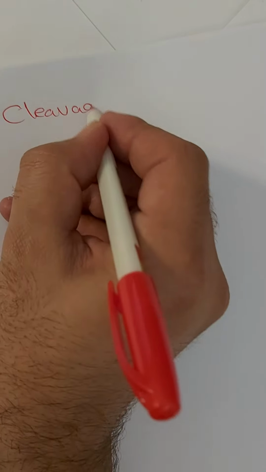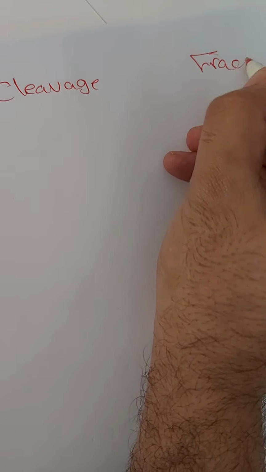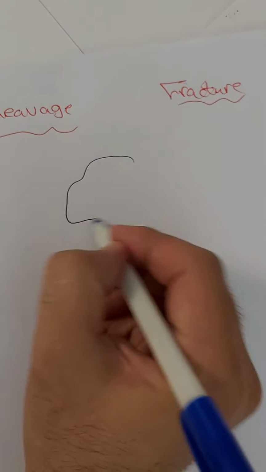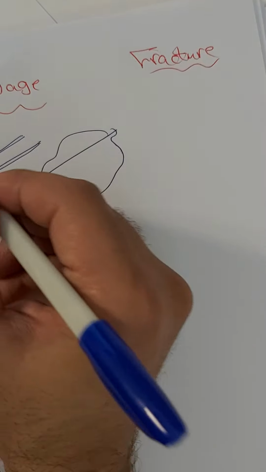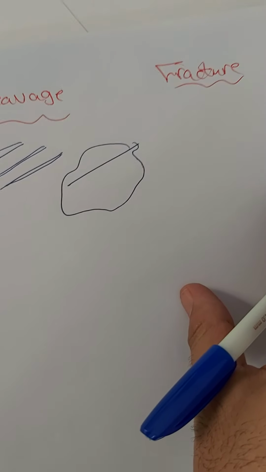Then we said cleavage and fracture. Here it is easy to know whether a mineral has cleavage or fracture. How do we know? If you break the mineral, like rocks, and the broken parts have straight lines and are smooth, like a knife cut, we say it has the cleavage property.